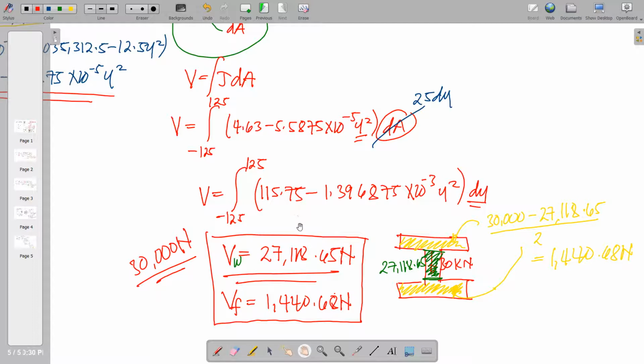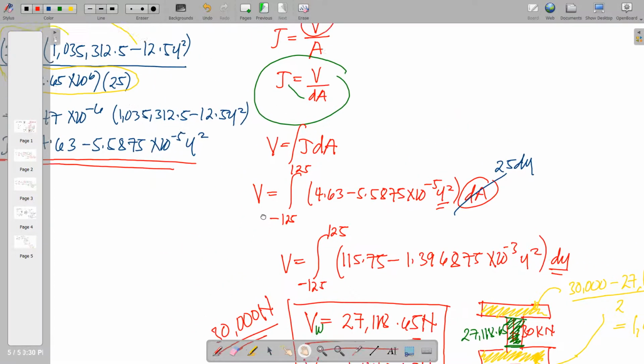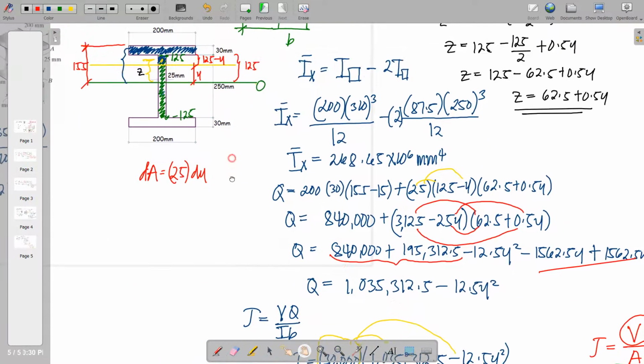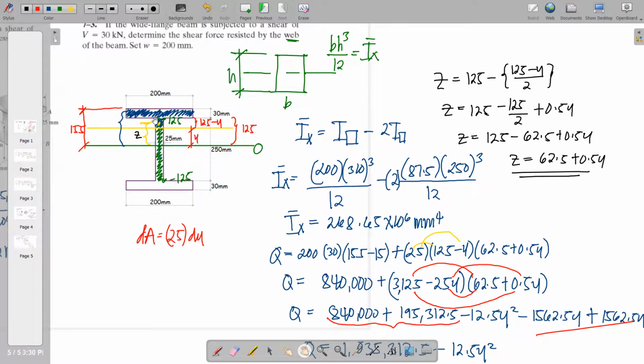Okay. So this is the approach. The solution takes off upon considering the web. Meaning my y here, or y referred from the neutral axis, will be just limited to the web.